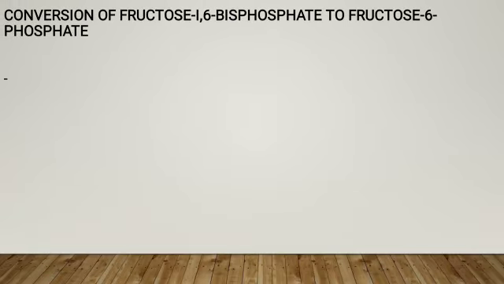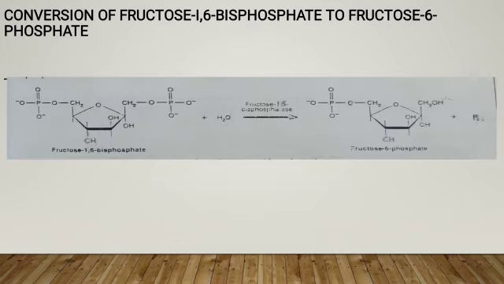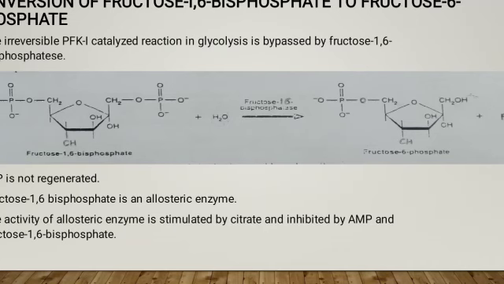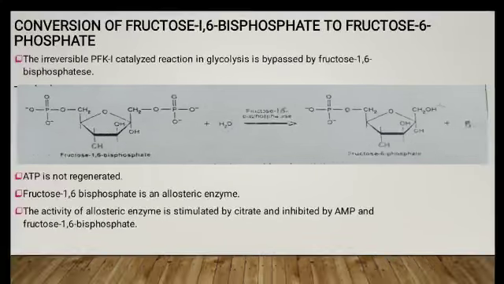After this, the conversion of fructose 1,6-bisphosphate to fructose 6-phosphate: the irreversible PFK1-catalyzed reaction in glycolysis is bypassed by fructose 1,6-bisphosphatase, which means that fructose 1,6-bisphosphate plus water is converted into fructose 6-phosphate.